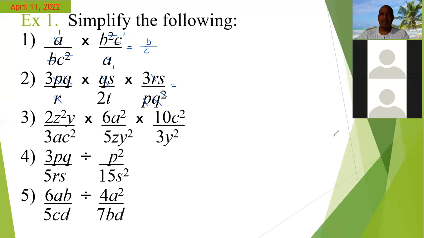All right, so if there's nothing else to cancel, what else do we need to do now, Ms. Sargent? So we'll multiply what we have. What do we have in the numerator? 3 times 3.